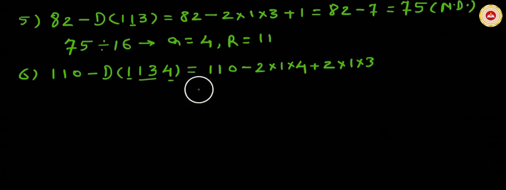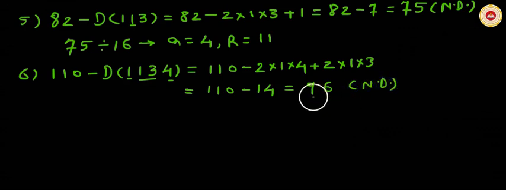So let us calculate further. 110 minus 2 ones are 2, 2 fours are 8, plus 2 ones are 2, 2 threes are 6. 8 plus 6 is 14, which gives us 110 minus 14 is 96. This 96 is the net dividend.